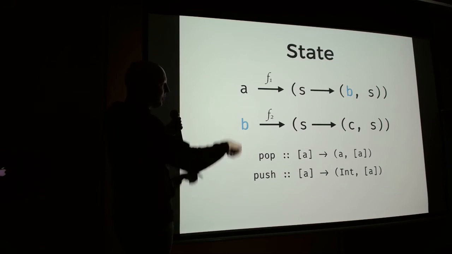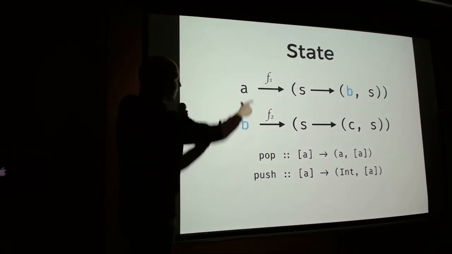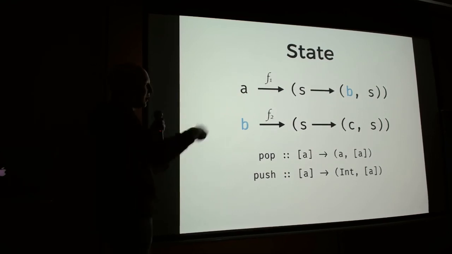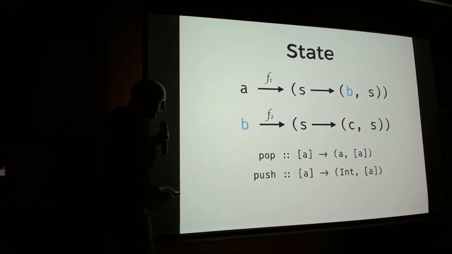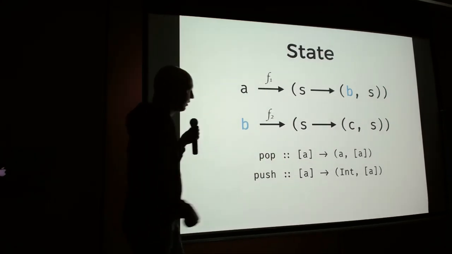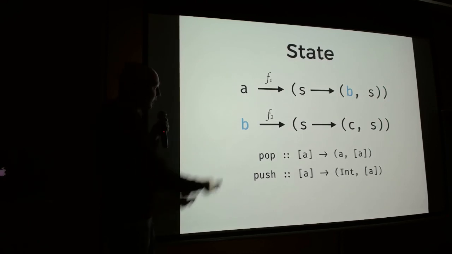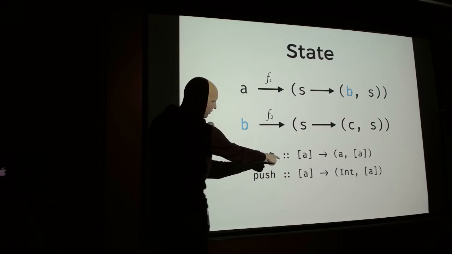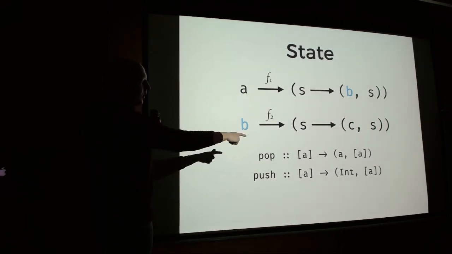And you want to update your state. You go from S to new S, and then the first type in the pair is like a side effect type. A classic example of that is pop and push for an array. You start with an array, and then you get the new array when you pop the value, with this value removed, and you get this element. And for push, when you push into an array, you get the new array, and then you get the new length of the array.